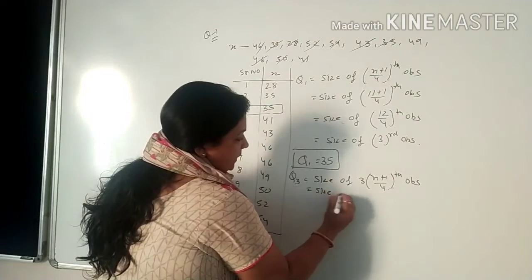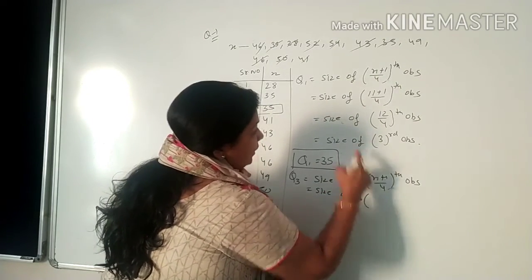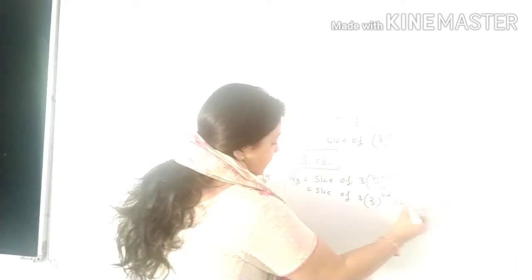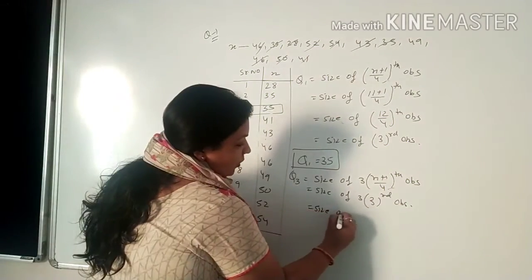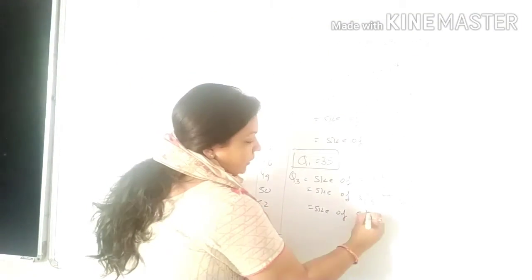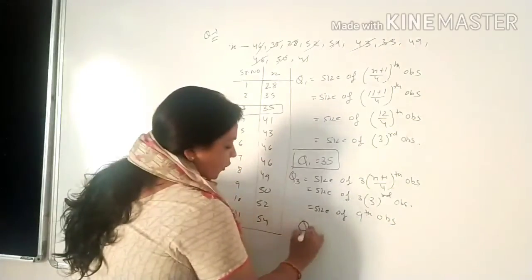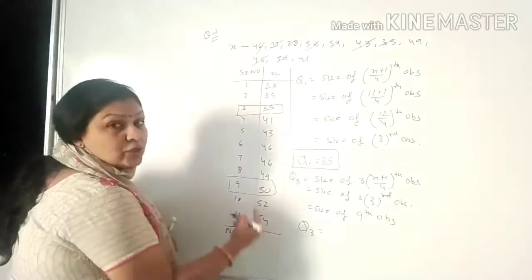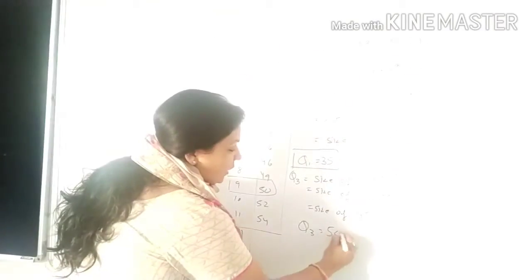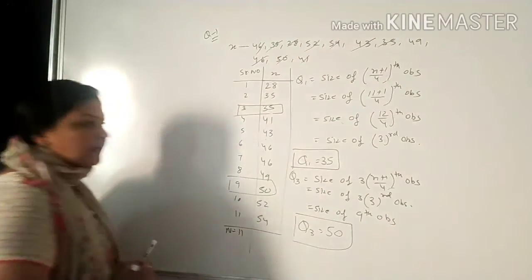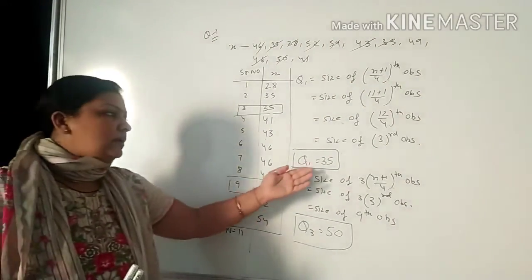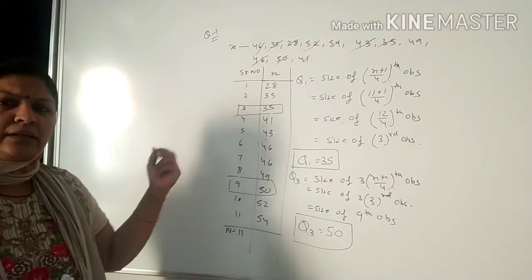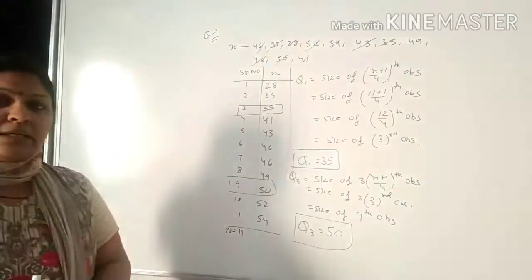Here we have already calculated the value, so we can directly write 3 times the 3rd observation. 3 times 3 is 9, so the 9th observation. Looking at X, your Q3 is 50. So Q1 equals 35 and Q3 equals 50. Clear?